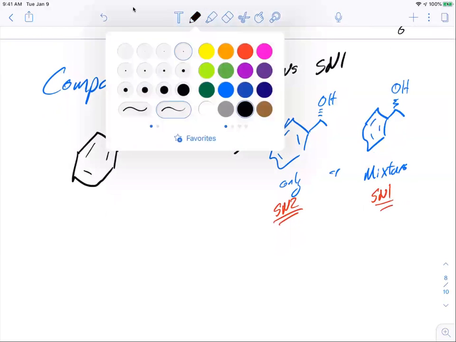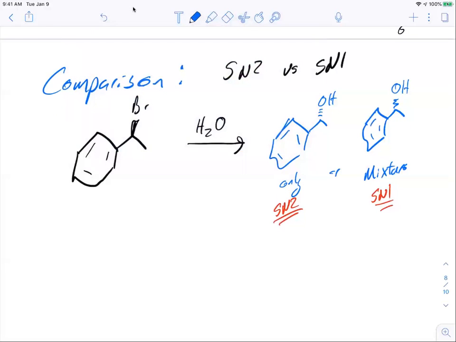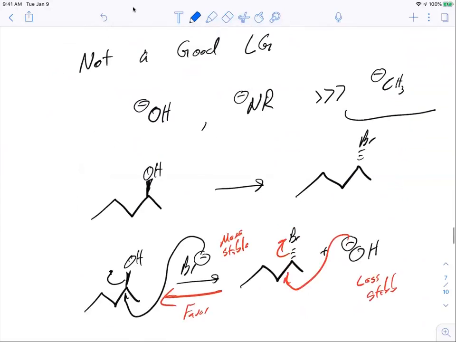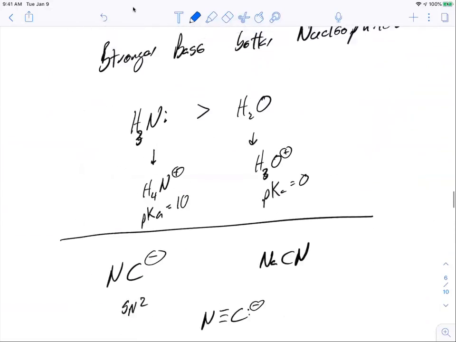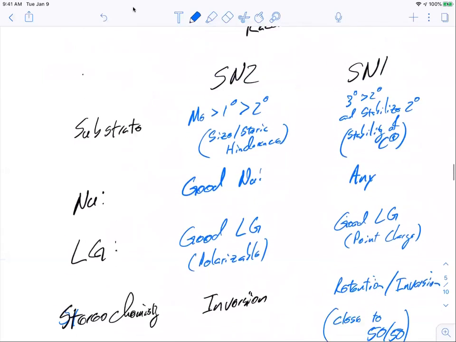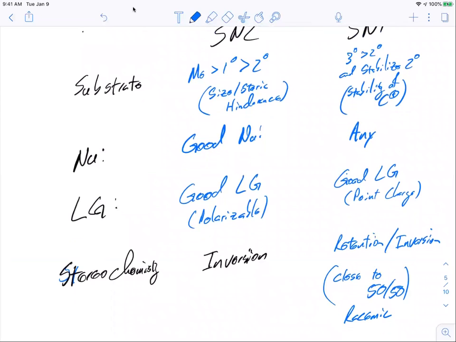So in this case, what we need to line up is what our conditions are, and like with ARIO, we need to think about what the priorities are going to be. If you think about what we said about leaving groups, good leaving groups are good leaving groups. If we looked at nucleophiles, we need a good nucleophile or any nucleophile. But the one that really sticks out as our highest level is going to be the substrate.